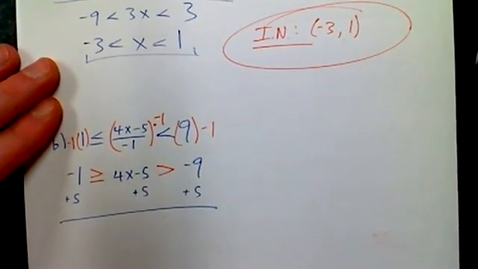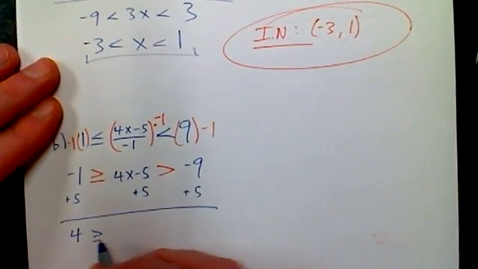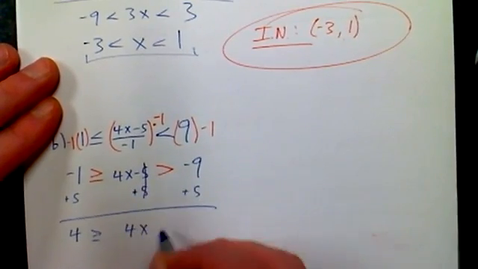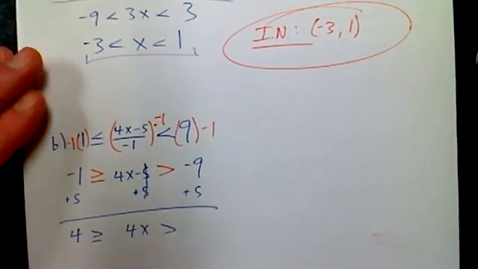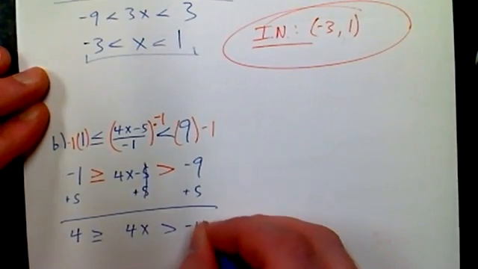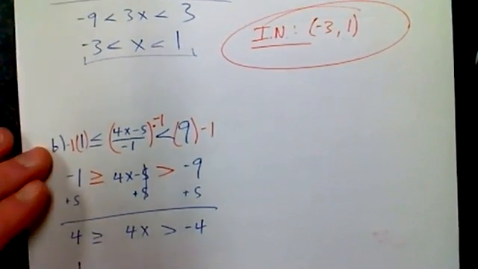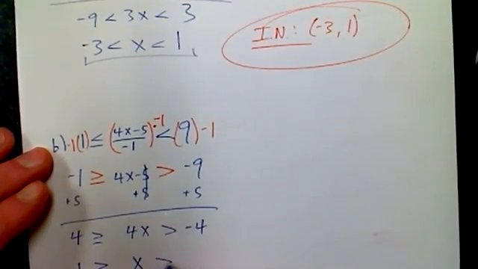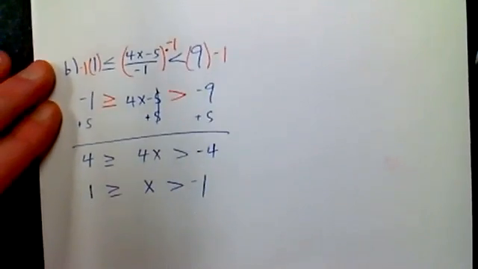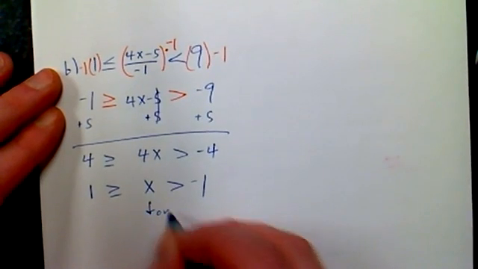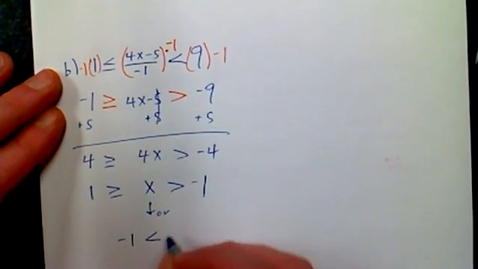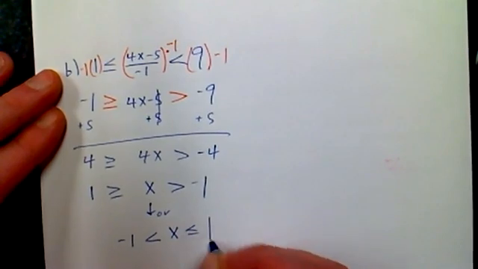So I'm seeing 4 is greater than or equal to 4x, which is greater than negative 9 plus 5, which is negative 4. Divide everything by 4, and we get here. Or, if you like it in this order, which I do, we can write it like this.